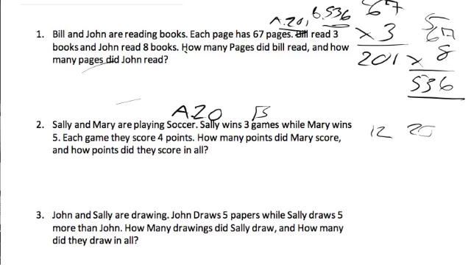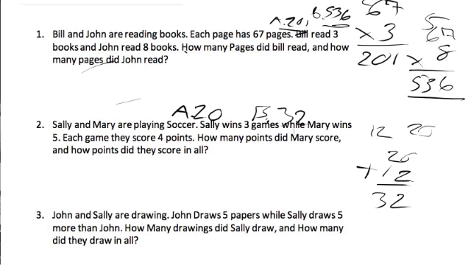And the answer to the second one is, what did they score in all? So 12 plus 20, you can do it in your head, but let's do it. 2 plus 0 equals 2. 1 plus 2 equals 3. So you get 32 for our second answer. And that's it. It's 20 and 32.